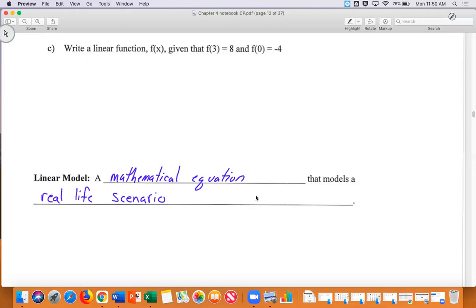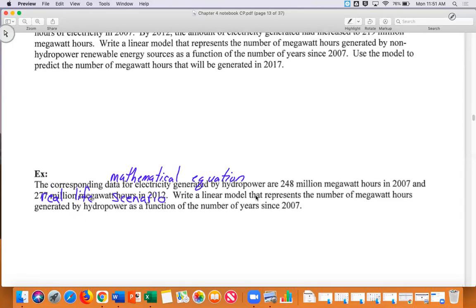All right, so we can use math to predict or to represent a scenario that's going on. Okay, so let's go to the next page.